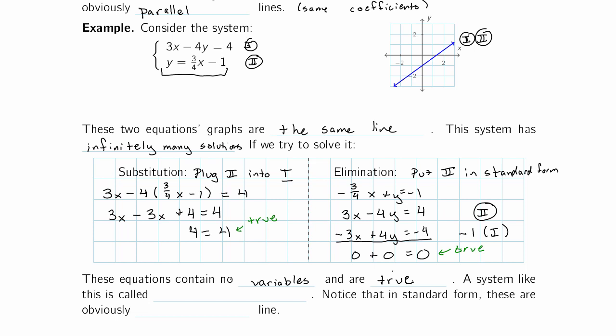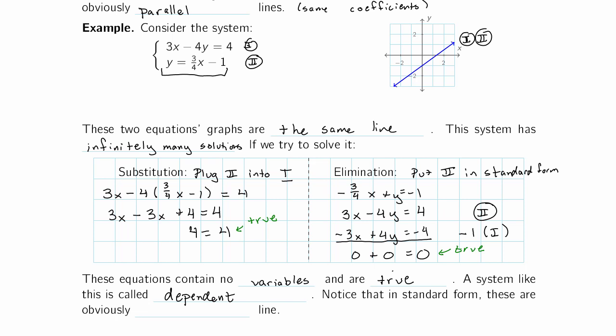When that happens, that means that we're in this situation where we have infinitely many solutions. A system like this is called dependent. If you ask me if equation 1 is true, I can say it depends on whether equation 2 is true. They'll both be true at the same time. They depend on one another.